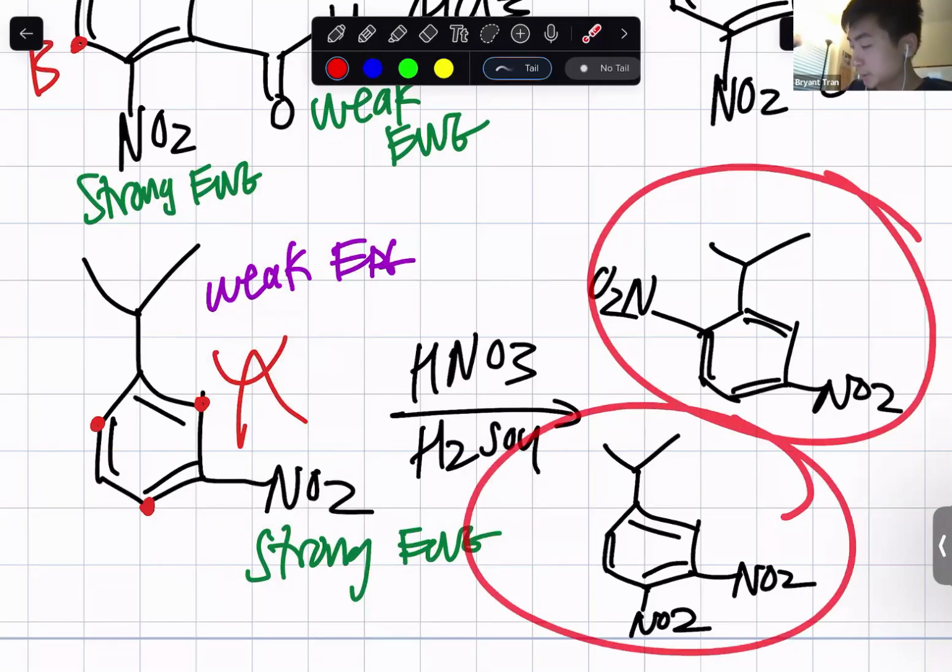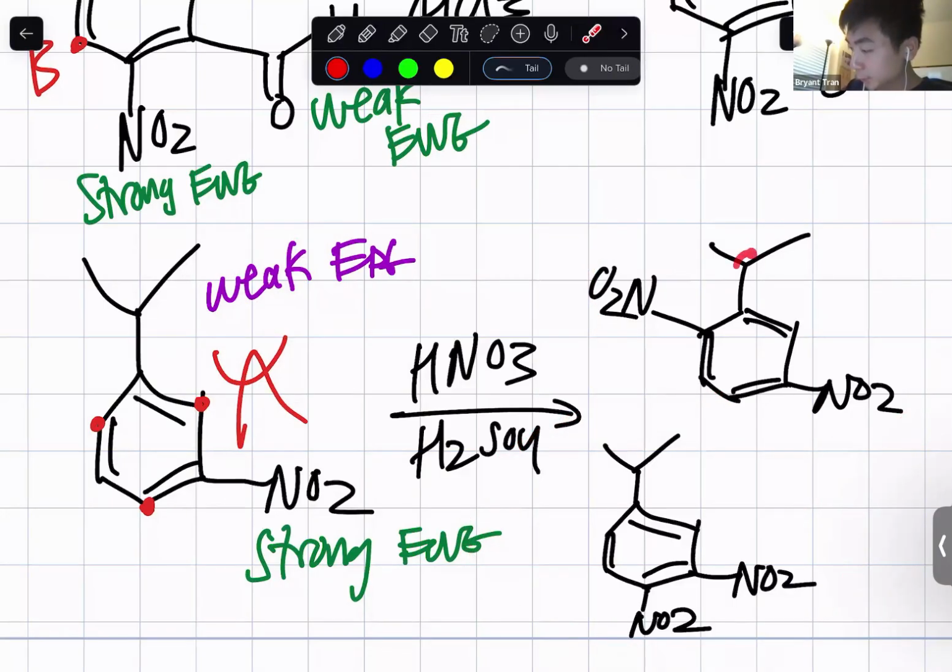And if we were to choose which one's major, which one's minor, which one do you think is major, which one do you think is minor based on steric hindrance? Like which one do you think, let's say, is a bigger group? Yeah, that could help you maybe figure out which one's the major minor product. The isopropyl is bigger. So the isopropyl has carbons attached to carbons attached to carbons. Whereas the NO2 has a nitrogen, double bonded to an oxygen, single bonded to an oxygen like that, right?